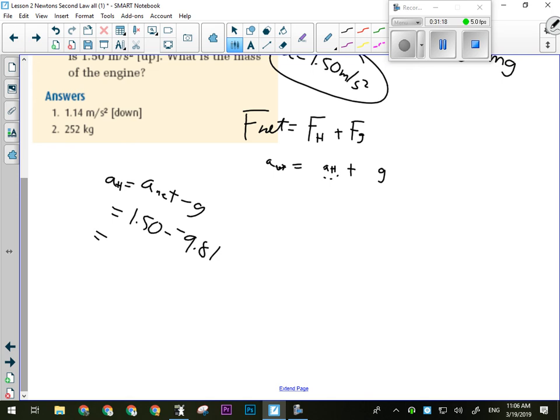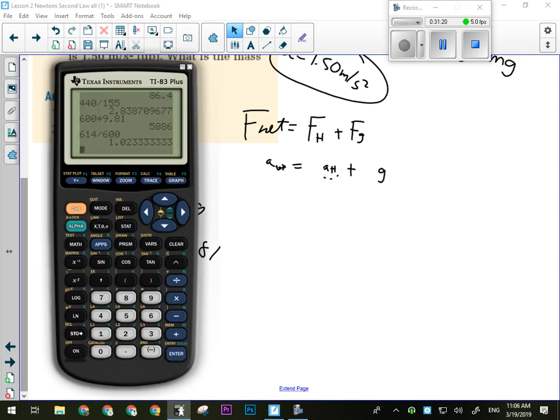So when I do that, if I only had the hoist and it didn't have to work against gravity, it would throw the engine vertically upwards at 11.31 meters per second squared. And that should make sense. The only way for the engine to move upwards is for the hoist to pull harder than gravity.